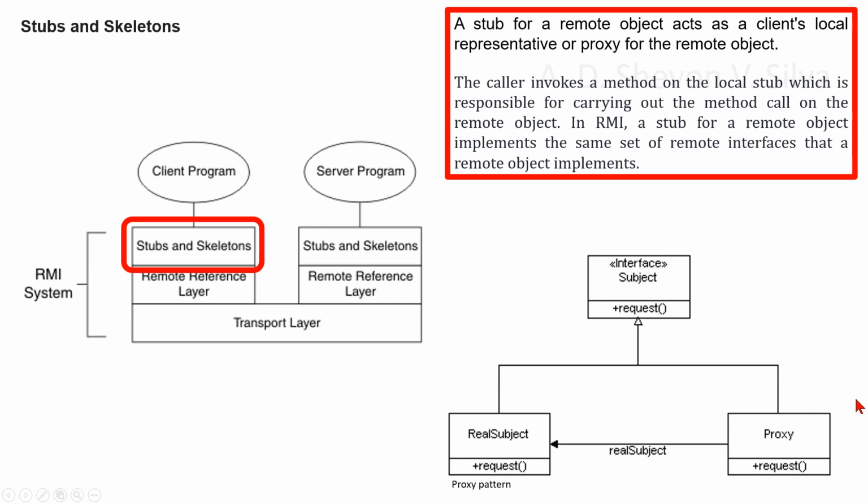In this diagram, we are considering the proxy pattern with relation to stubs. Here you can see the subject interface and the request method, and the proxy is connected to the real subject, and the request is passed from the proxy to the real subject.